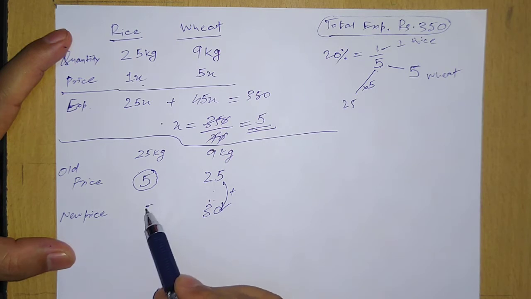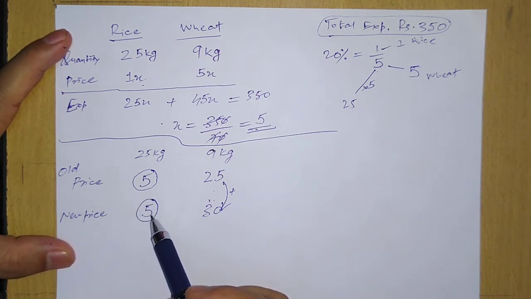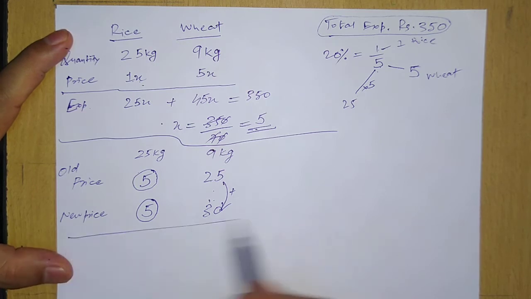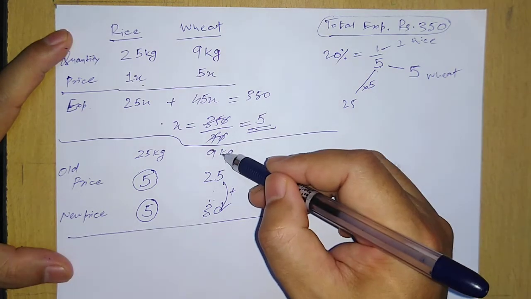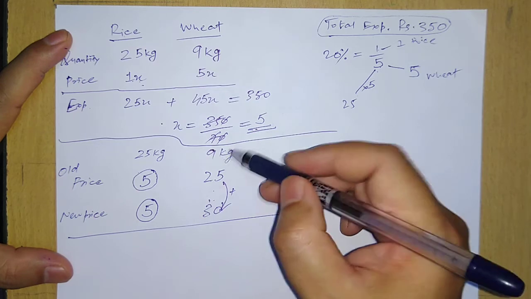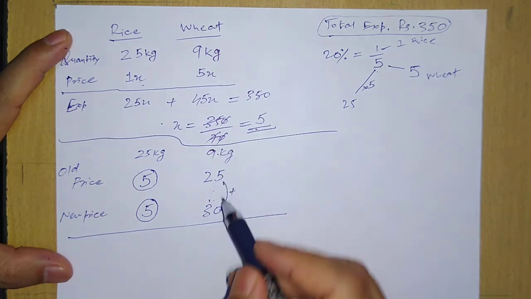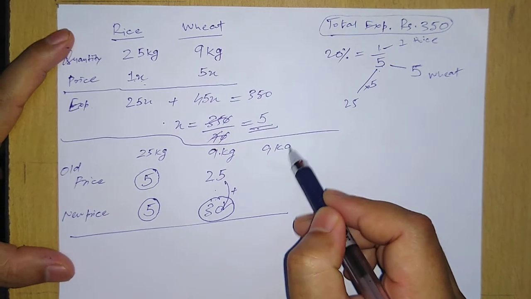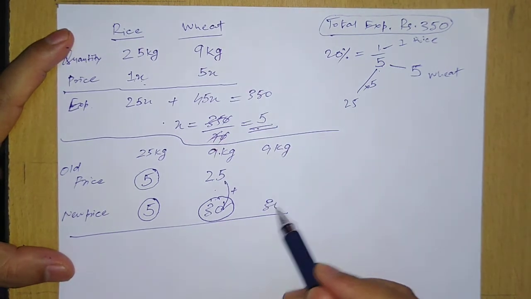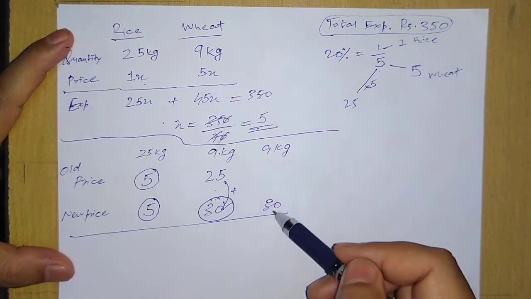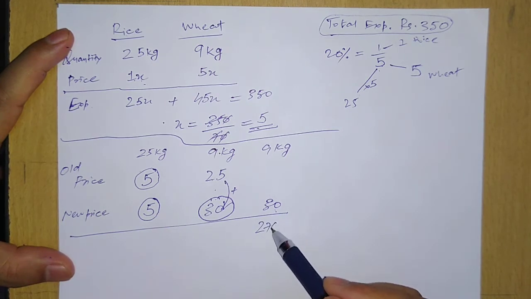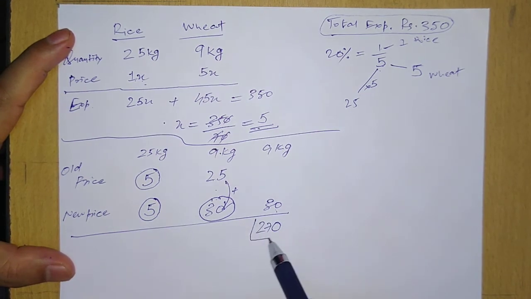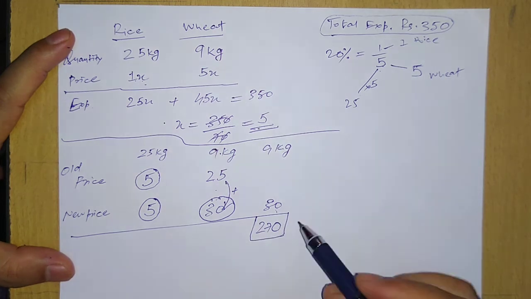Now this 5 will remain the same. Price of rice is constant. Now the quantity of wheat is 9 kg and the new price is 30. So 9 threes are 27. So 270 is the expenditure on wheat.